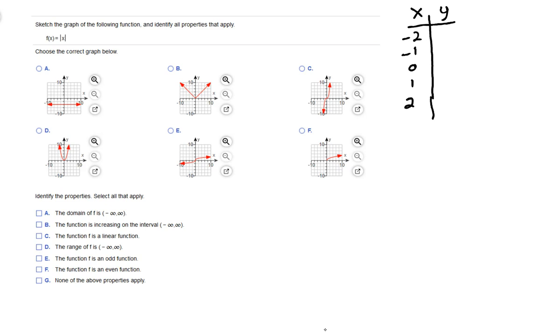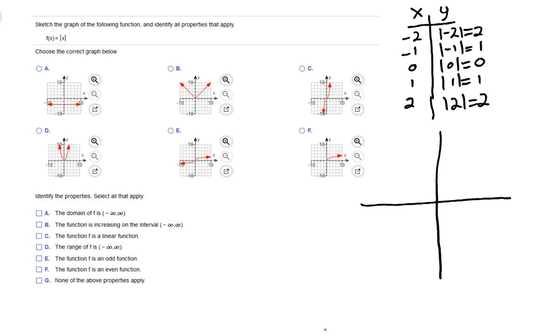Substitute these values into the function. So I would have absolute value of -2 is +2, absolute value of -1 is +1, absolute value of 0 is 0, absolute value of 1 is 1, and absolute value of 2 is 2.